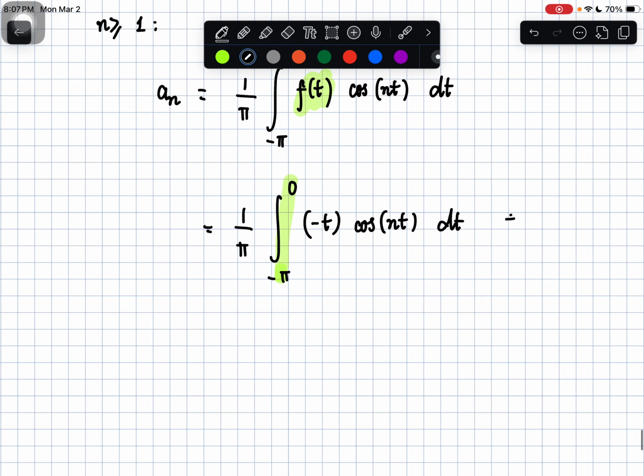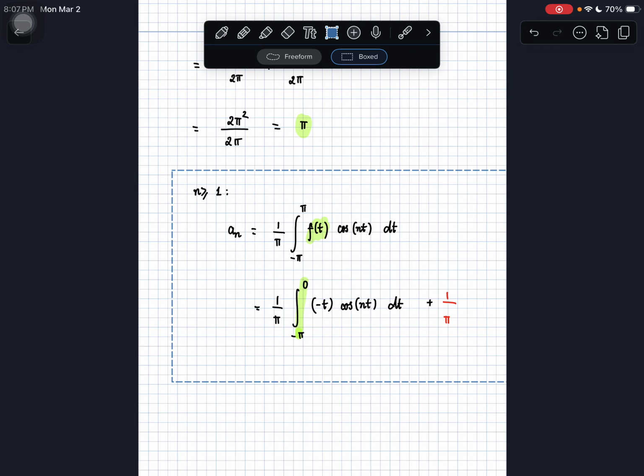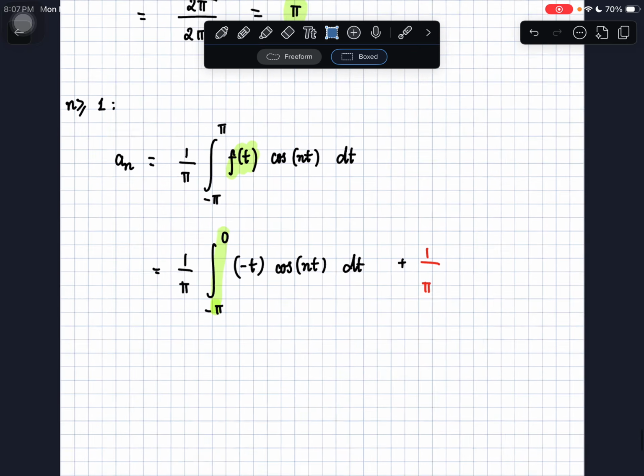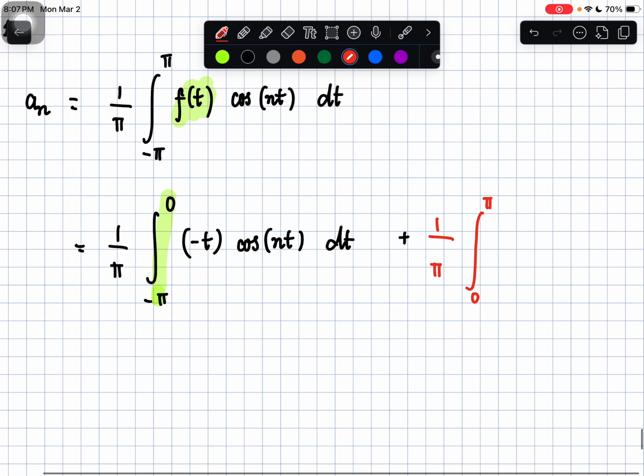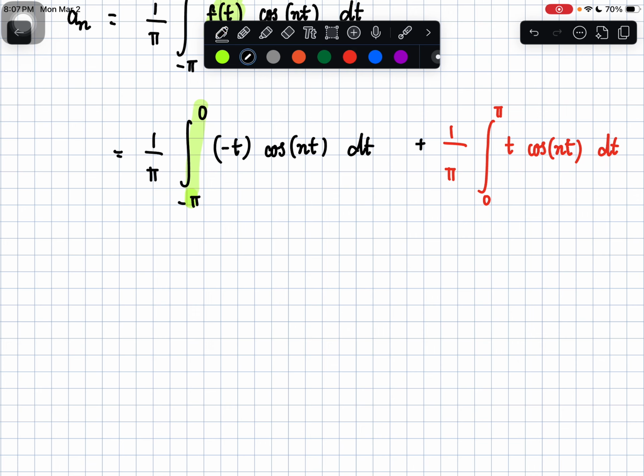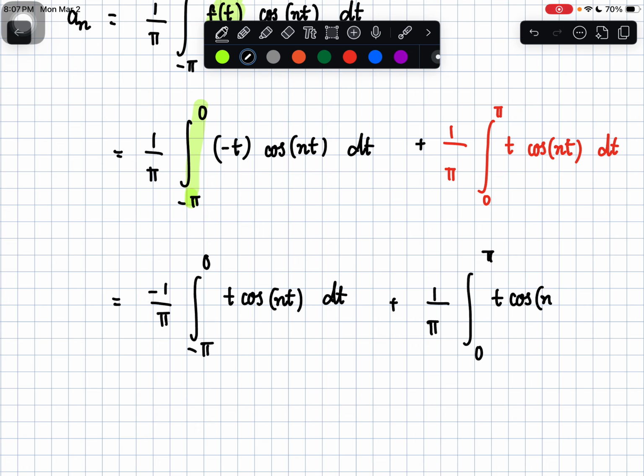On the second interval, from 0 to pi, f(t) equals t, so 1 over pi times the integral of t cosine nt dt. So you have minus 1 over pi, the integral from minus pi to 0 of t cosine nt dt, plus 1 over pi, the integral from 0 to pi of t cosine nt dt.